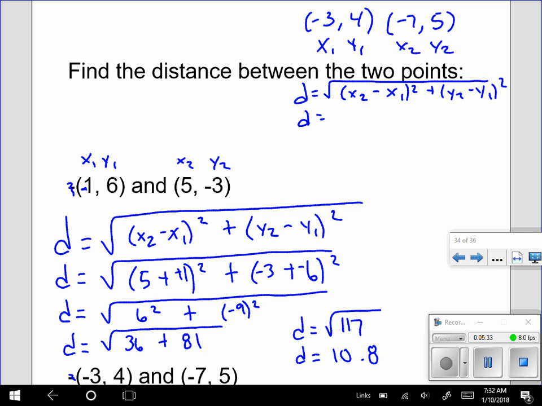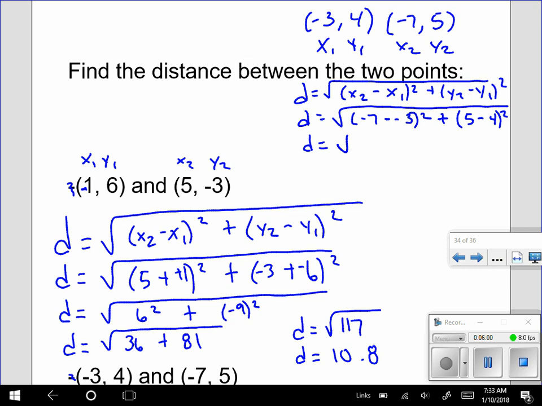So I would have -7 minus -3 squared plus 5 minus 4 squared. I just put these where they belong. If this is y1, 4 goes there. If this is y2, 5 goes there.